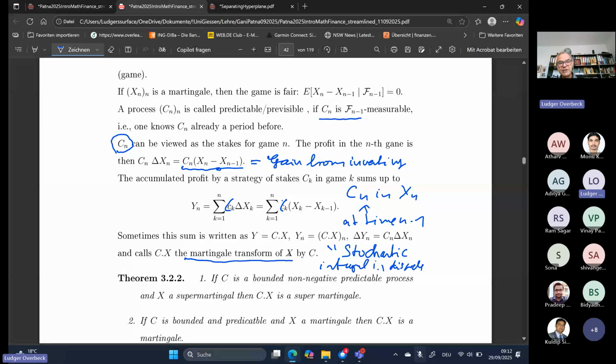Next time you decide C2, next time C3, and whatever you do on C, on investing in stock X, will be accumulated to what's called the martingale transform. And of course, numerically, there's nothing else than a discrete type of integral, a summation. You sum values times deltas.